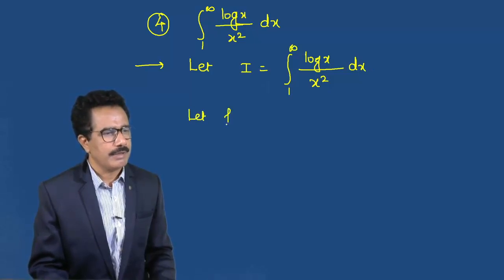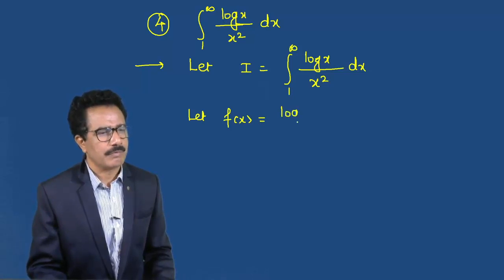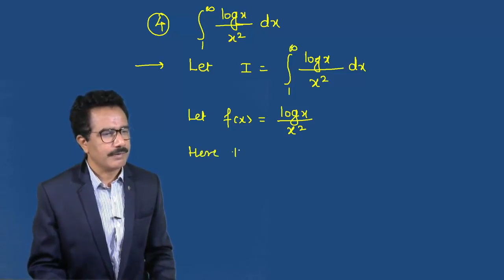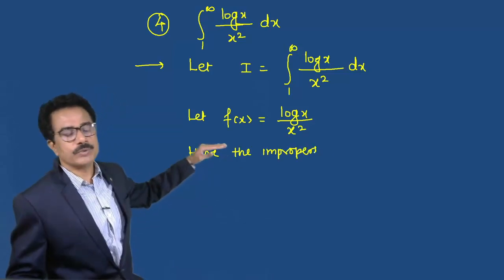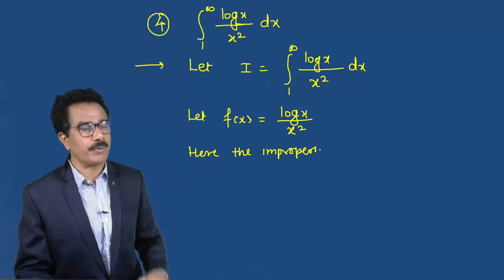Let f of x be equal to log x divided by x square. Here the improper integral, and now you tell me, students, at which point this integral is improper.